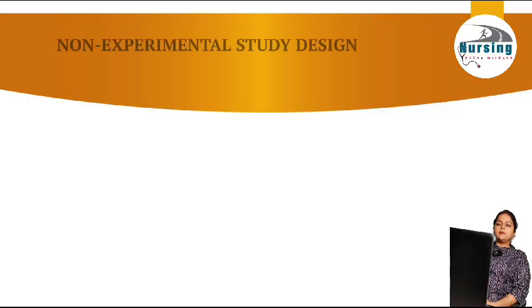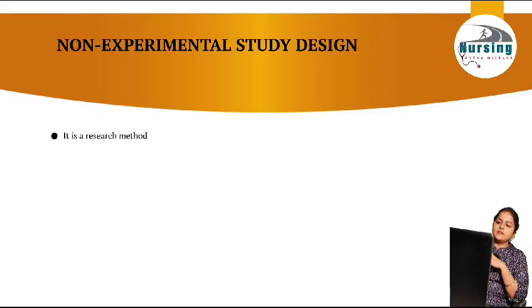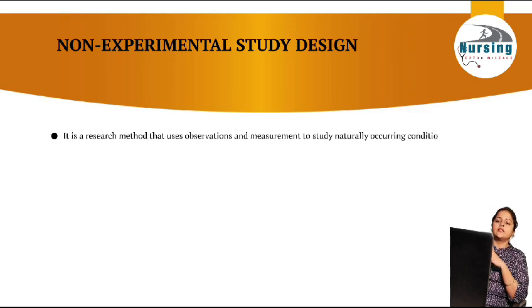Now what is non-experimental study design? So we are not experimenting. The name is self-explanatory. It is a research method that uses observations and measurements to study naturally occurring conditions. So I'm not doing anything. Whatever is happening, that is falling naturally. So what we are doing as a researcher, we are just observing and then we are measuring. Measuring what? Whatever is happening under a condition which is very natural.